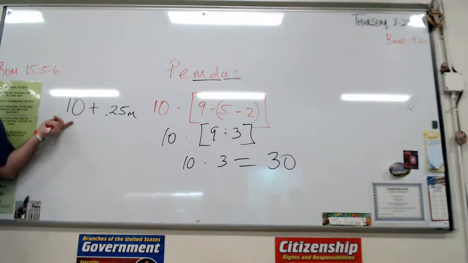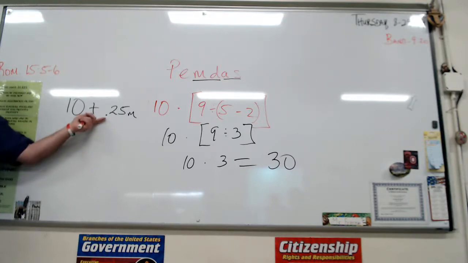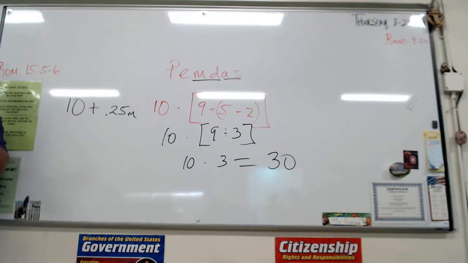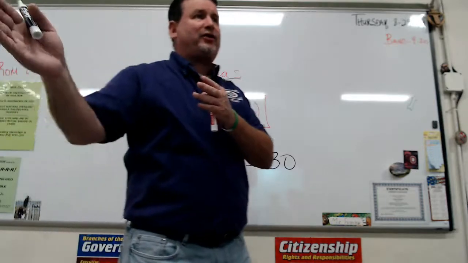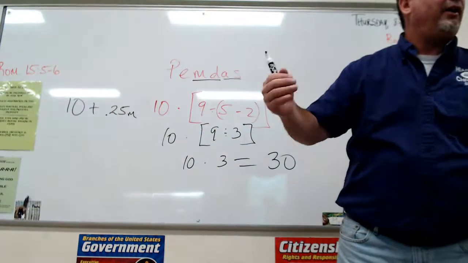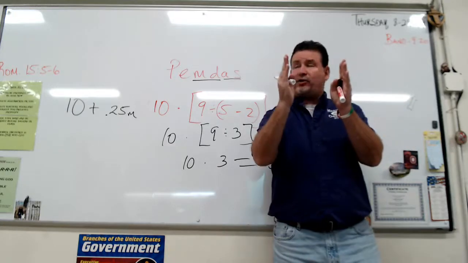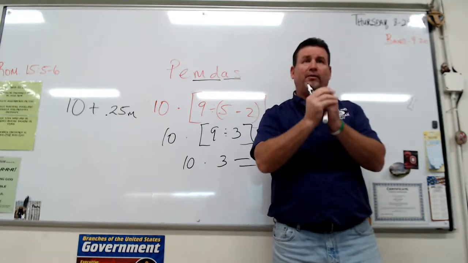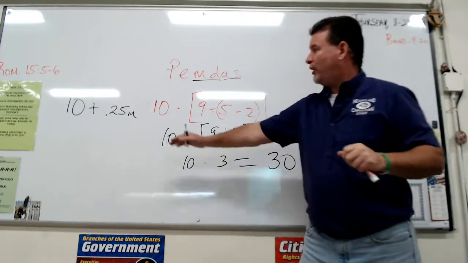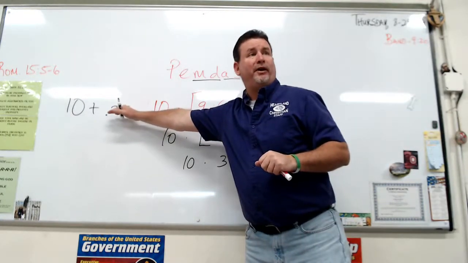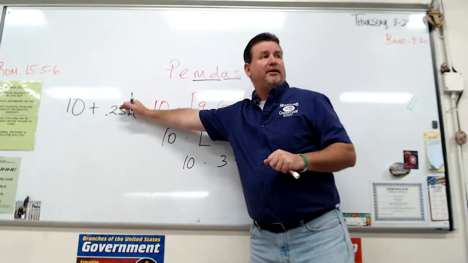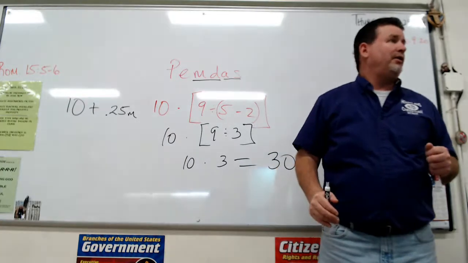My expression is 10 plus 0.25. If I write a number right next to a variable, a letter, what does that mean? If I write a number right next to a letter, what does it mean to do with those two? Multiply. So I've got 10 plus 0.25 times how many miles I walk.